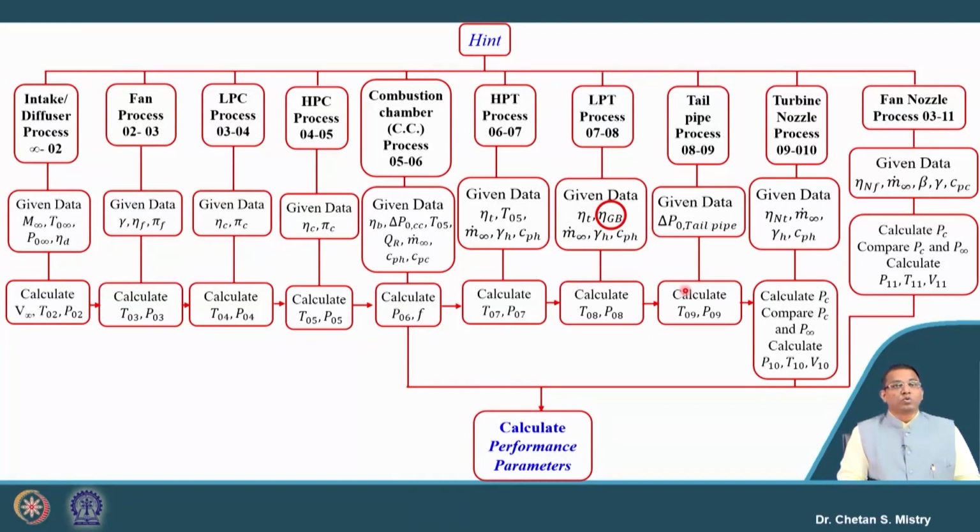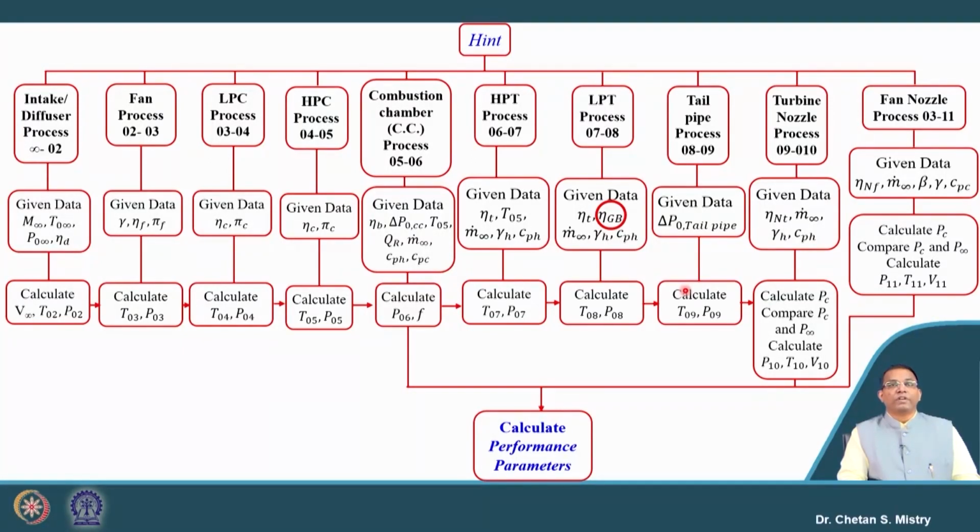Let us try to solve this numerical with all the information available with you. You know what components we have, and we will be putting those components. Based on that, we will be calculating our parameters at the exit in terms of pressure as well as temperature. We will be calculating our static temperature and static pressure at the exit of the nozzle.